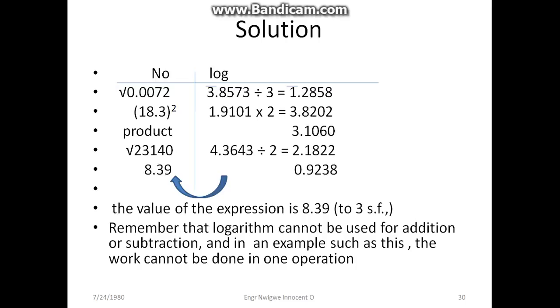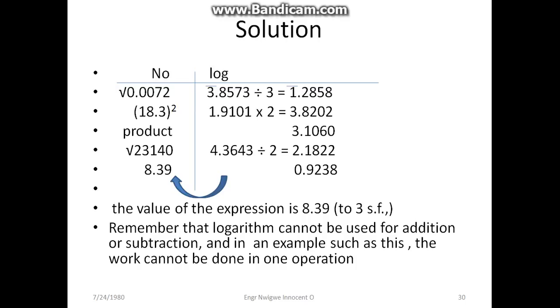Then we look for the logarithm of 23, which is 23 at column 1 in difference 4, which is 0.3643. So since we are looking for the square root, we divide by 2. Since this 4 is greater than 1, we divide, which will give us 2.1822.